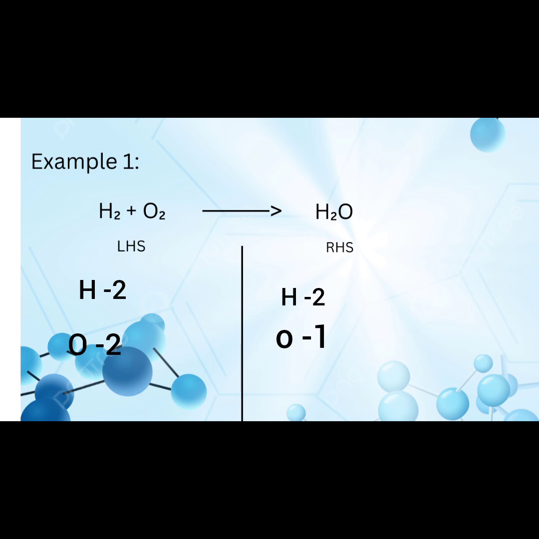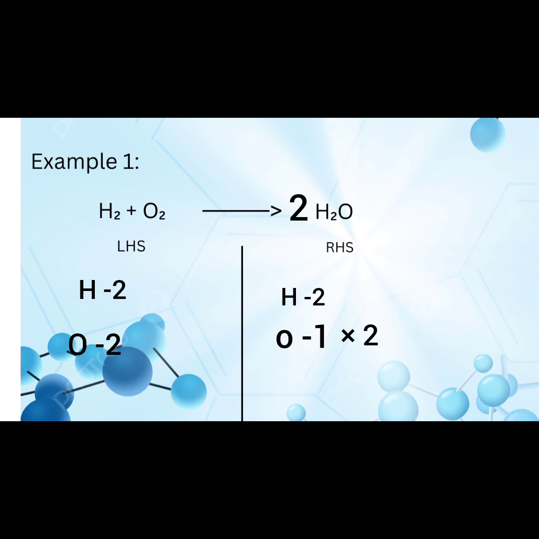So the number of hydrogen on both sides is equal, but the number of oxygen on both sides is not equal. So what can we do? We can just multiply by 2. So we'll get, in RHS, 4 molecules of hydrogen and 2 molecules of oxygen.